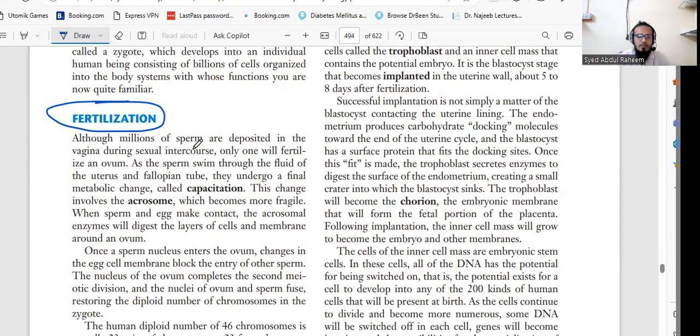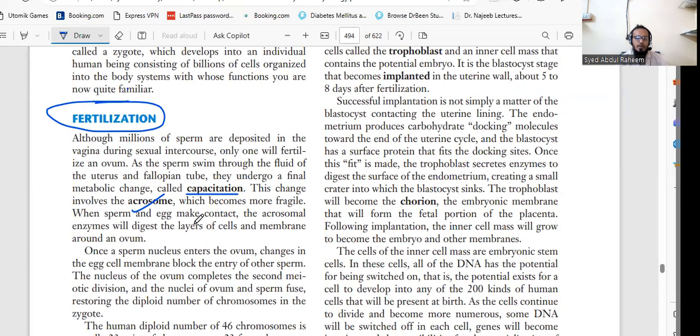Fertilization. Although millions of sperm are deposited in the vagina during sexual intercourse, only one will fertilize an ovum. As the sperm swim through the fluid of the uterus and fallopian tube, they undergo final metabolic changes called capacitation. This change involves the acrosome, which becomes more fragile.